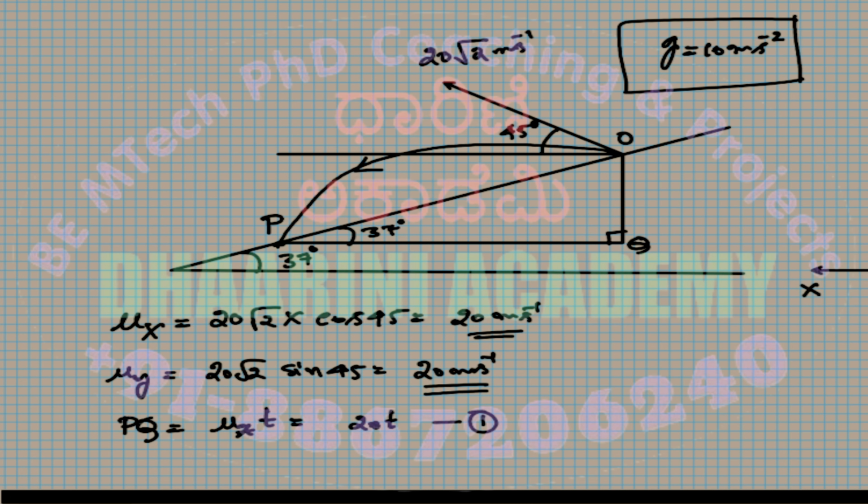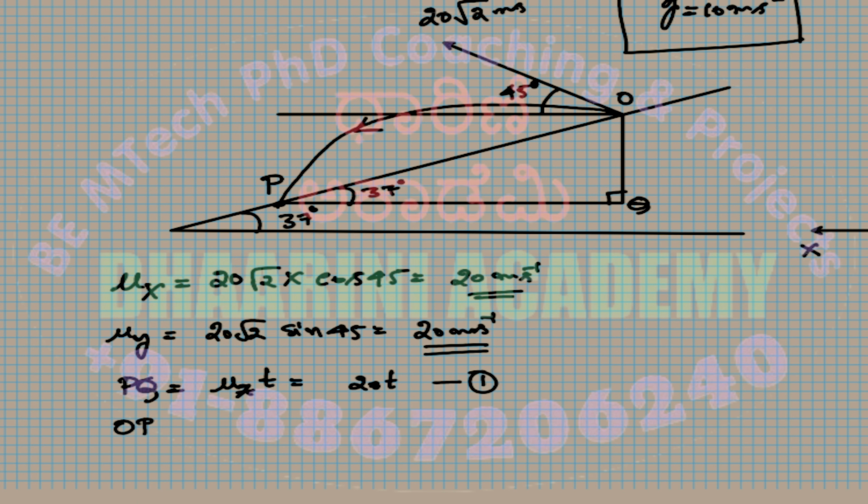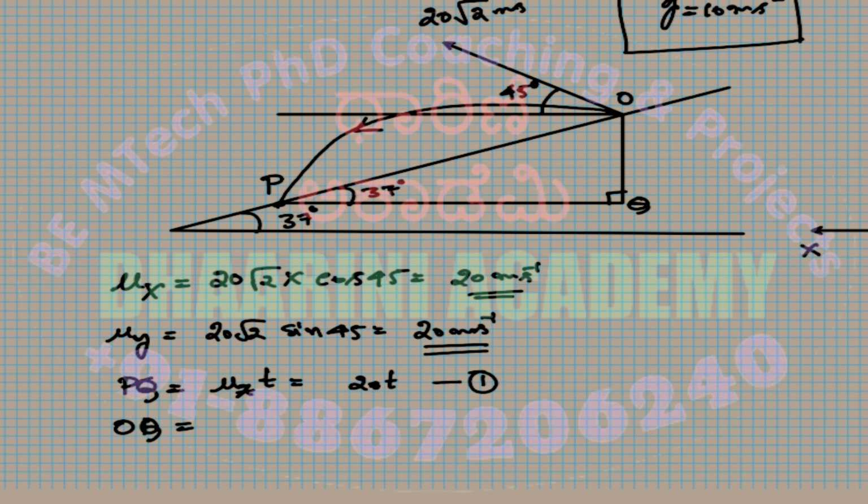Okay, at the same time, if I want to calculate this OQ, that is the distance covered along y-axis. So I'll write OQ is equal to, I have to use the displacement is downwards, right?